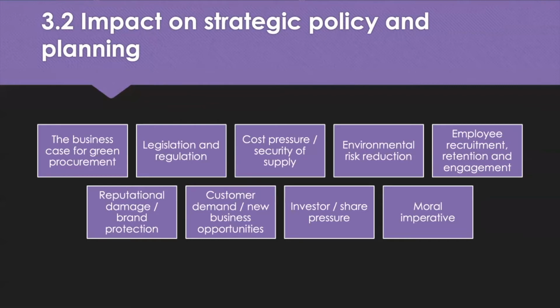Obviously the business case will vary from one organisation to another, so it's important to get a really good understanding of the drivers in your case. By using this information to align your green procurement priorities with your organisation's aims, it will not only be seen as a benefit, but it will help you to avoid any sort of conflicting situations as much as possible.